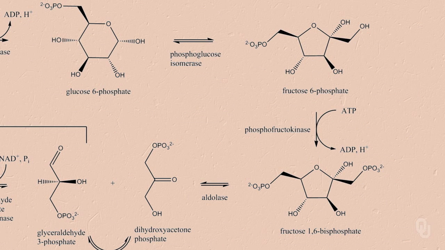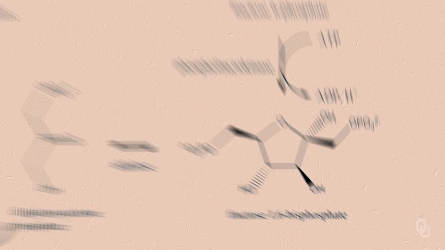The third reaction is another kinase reaction. The name of the enzyme is phosphofructokinase, and it catalyzes the ATP-dependent phosphorylation of fructose 6-phosphate to fructose 1,6-bisphosphate. So now we have phosphoryl groups attached to the number 1 carbon and the number 6 carbon.